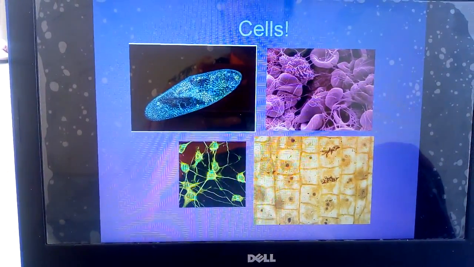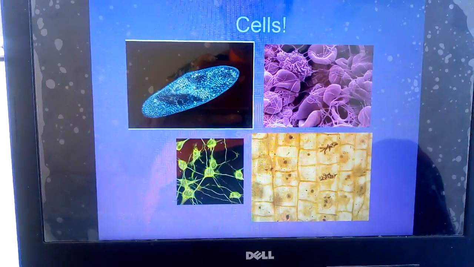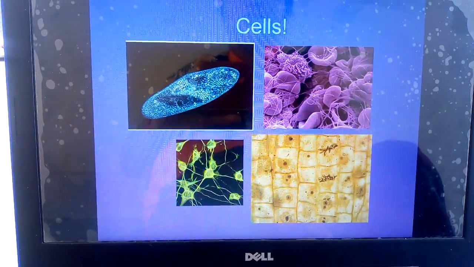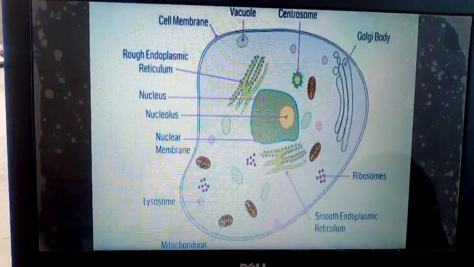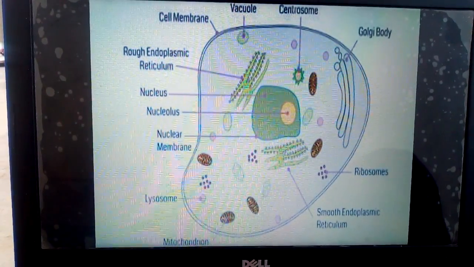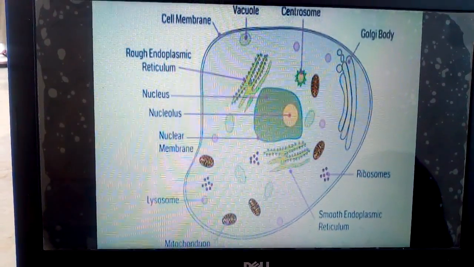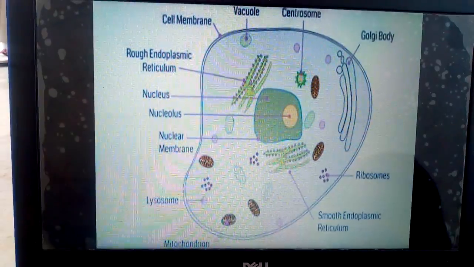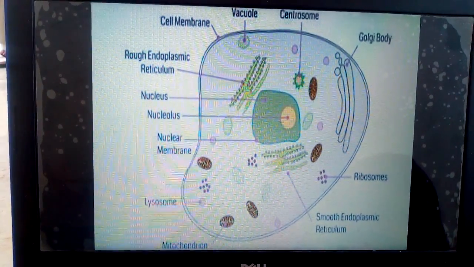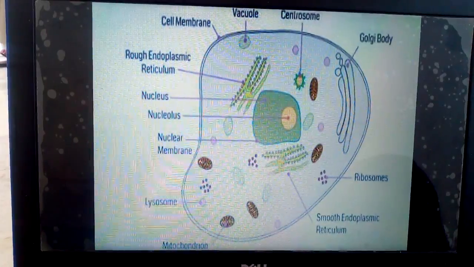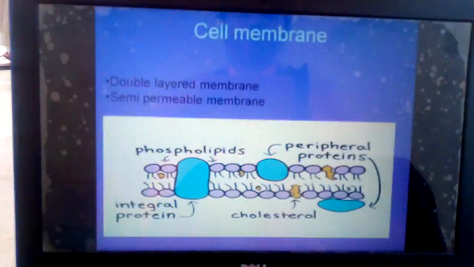Now these are images of different cells that can be seen through a light microscope. This is a diagrammatic representation of a cell, showing its parts as well as some cell organelles. We will discuss some of the important parts and cell organelles.